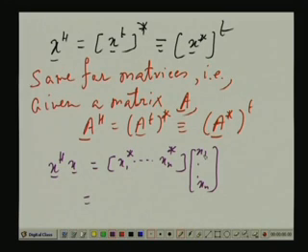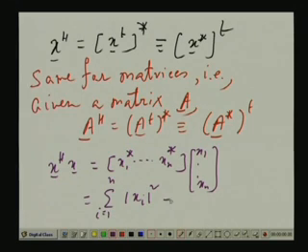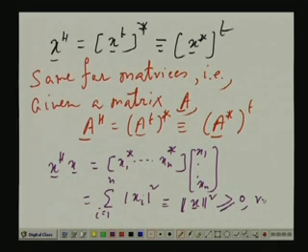So basically it means mod x1 square, plus mod x2 square, up to mod xn square, all added. This is also called the norm square of the vector, and this is always greater than or equal to 0 and real.